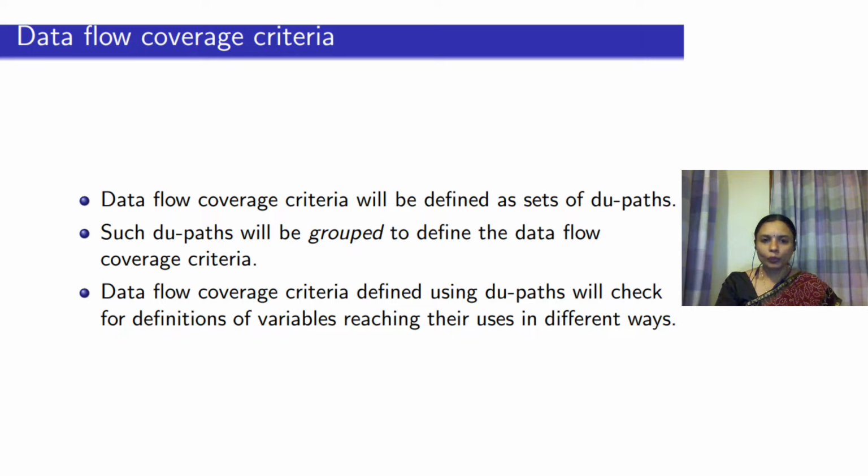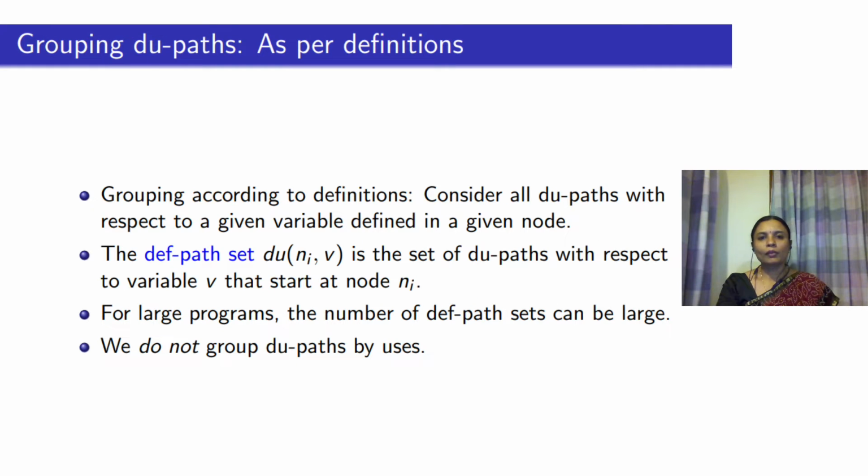How are we going to group them? We first take one particular variable, fix it, let's say variable v, and consider all the DU paths for that variable from a particular given node. So the variable is v, the node is ni, and I'm going to consider all the DU paths that begin at that node for the variable v.